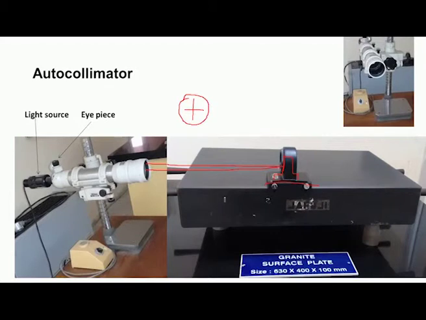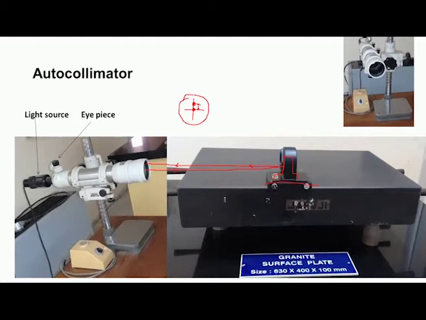When there is no error, that means the workpiece is perfectly straight, the incident ray and the reflected ray will get combined, and we get the spot in this place. If there is any inclination, the light will move in this path, and this spot will move like this. This distance we can read using the eyepiece.